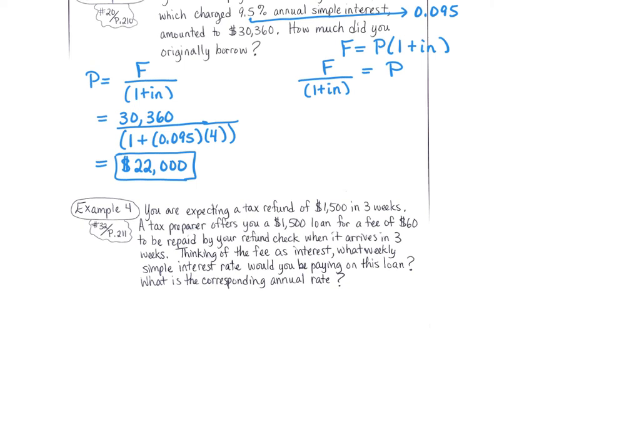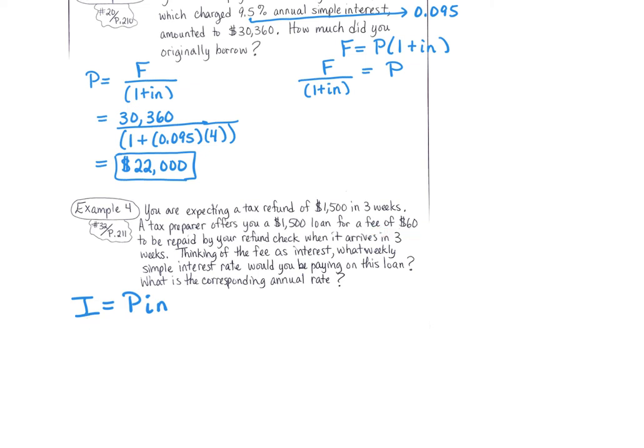So if we think of simple interest as I equals P times RT, or I is equal to P times I times N, your interest times the number of periods, right? So here for us, we know that our interest is $60.